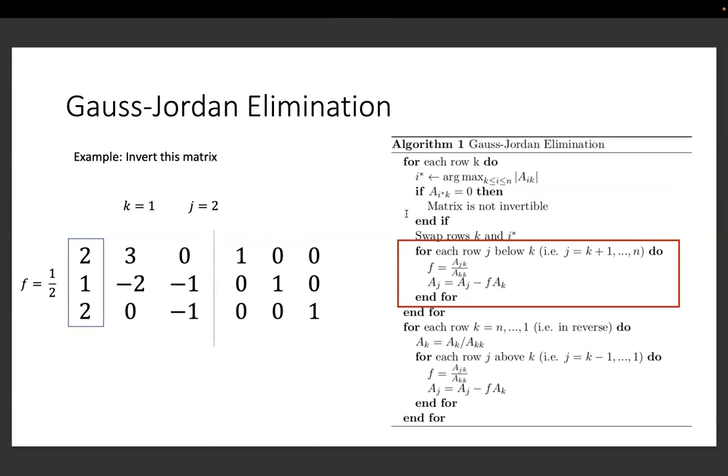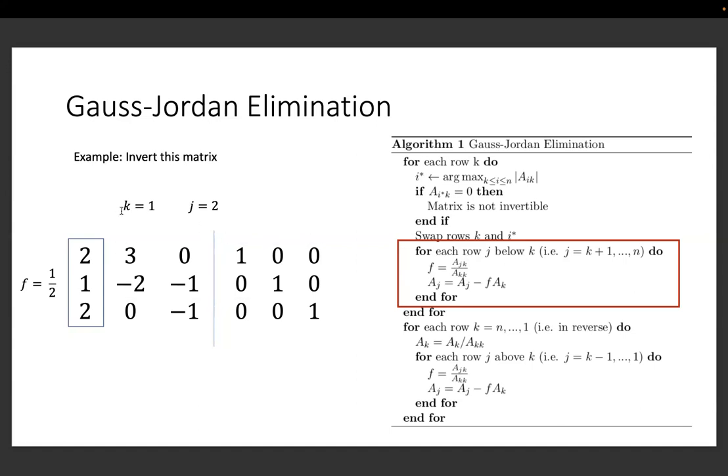This is another for loop inside the for loop that we have already had. So for each row j from k plus 1 up to n, which means that we need to compute something for the rows that we have below the k.